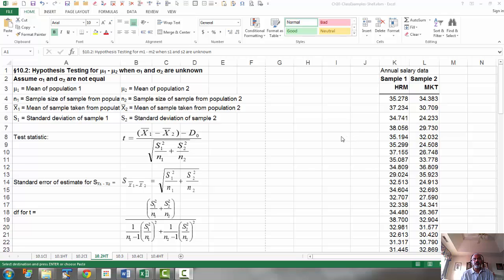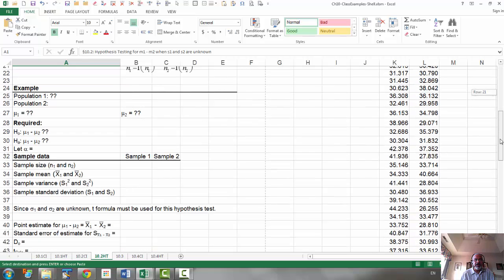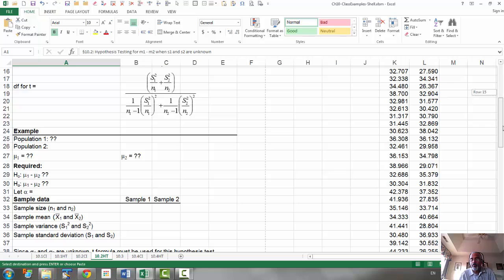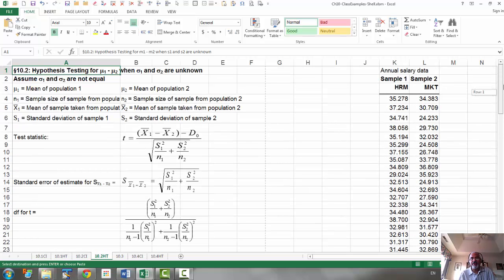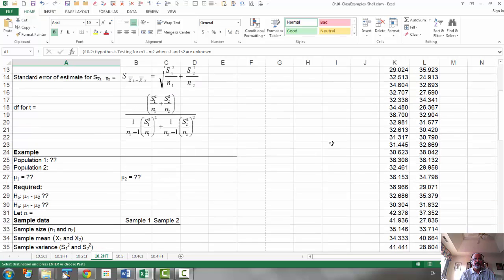Suppose we want to test whether the HRM majors make more money as the starting salary compared to marketing majors. How would we set that up, and given the sample information, how will we go about performing the test?